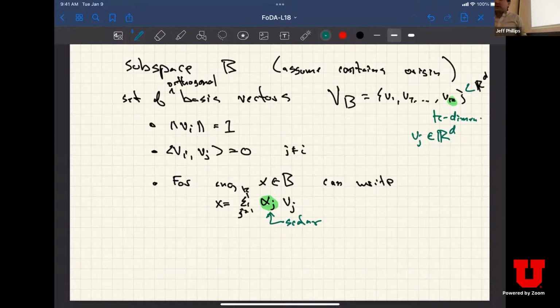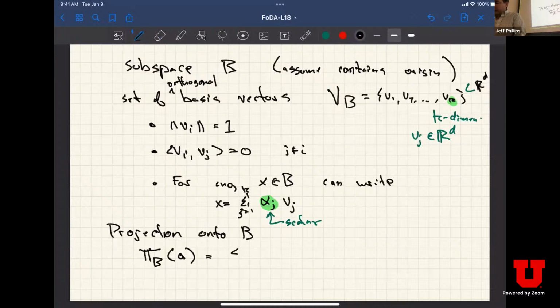Okay, great. So now I want to define a projection onto this basis. A projection onto B, this is going to be a pi onto B instead of onto the one-dimensional line of vector a, right? Now I can write this using all of these vectors, and it's crucial that they're orthogonal.